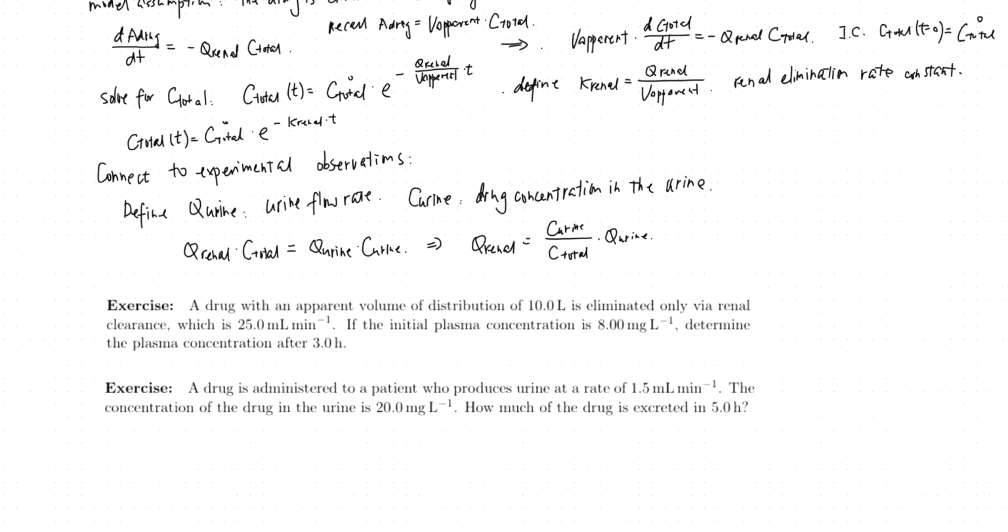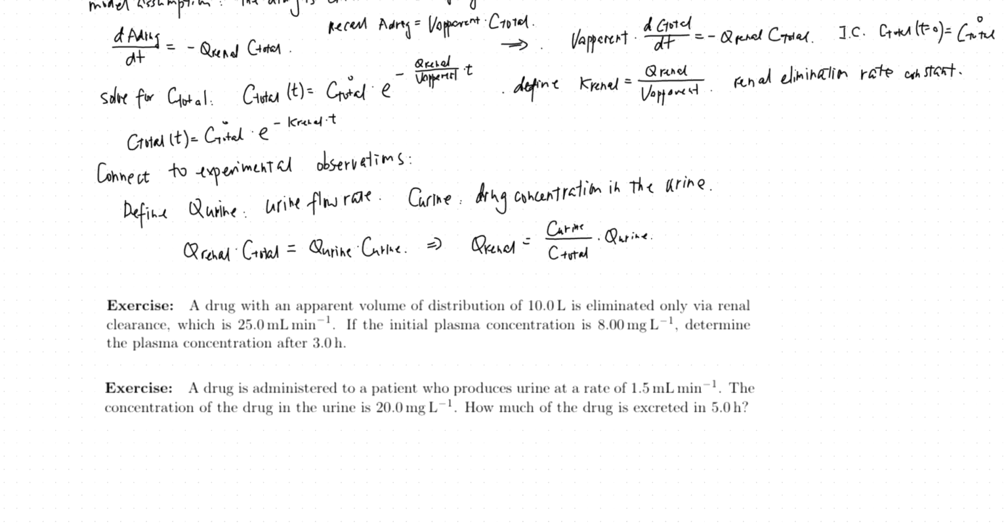The second problem: a drug is administered to a patient who produces urine at a given rate. The concentration of the drug in the urine is given. How much of the drug is excreted in 5 hours?